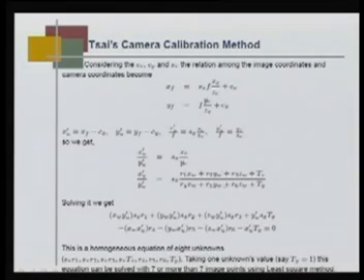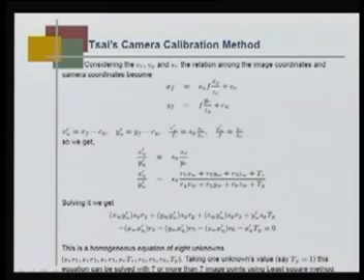This is the long list, I will not go into details. What I am trying to tell you is the simplification we can do: write xf is sx f xc upon zc plus cx, and yf is f yc upon zc plus cy, ignoring the distortion. Once I write this, we can represent xu dash as xf minus cx, yu dash as yf minus cy.